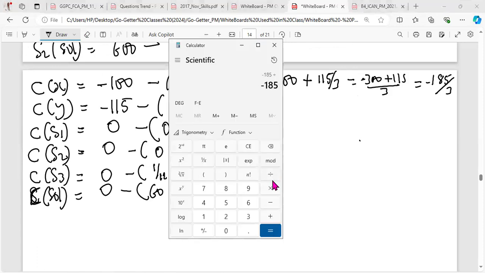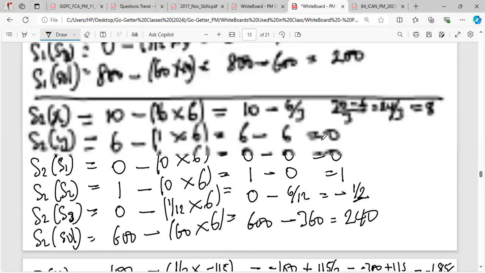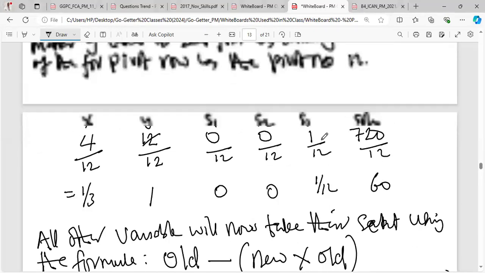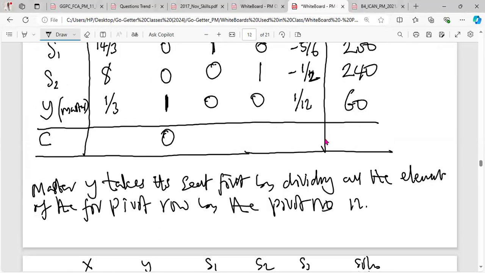If I have to divide it by 3, it's going to give me a fraction, so I'll leave it that way. So minus 185 over 3, we'll just write it here.